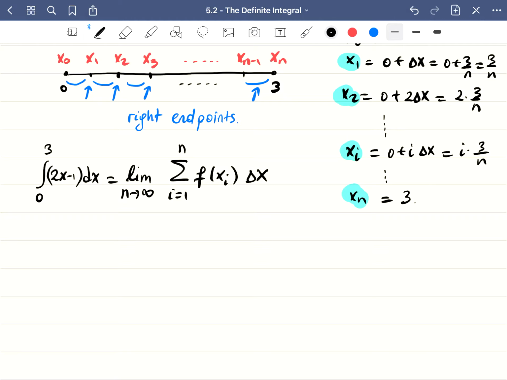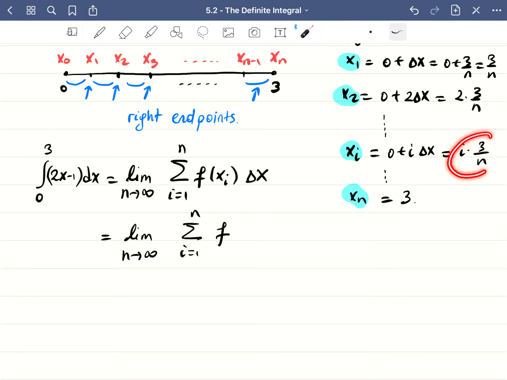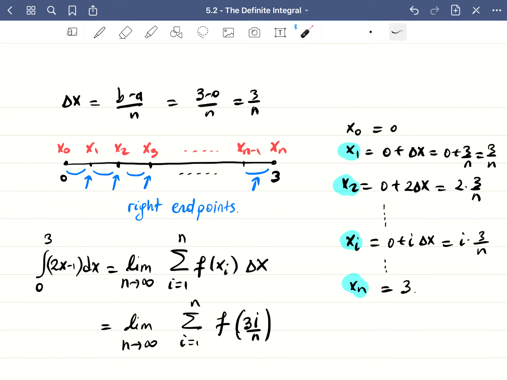So this is the limit as n goes to infinity of the sum i from 1 to n of f of xi, which is 3i over n, times delta x, which is 3 over n.